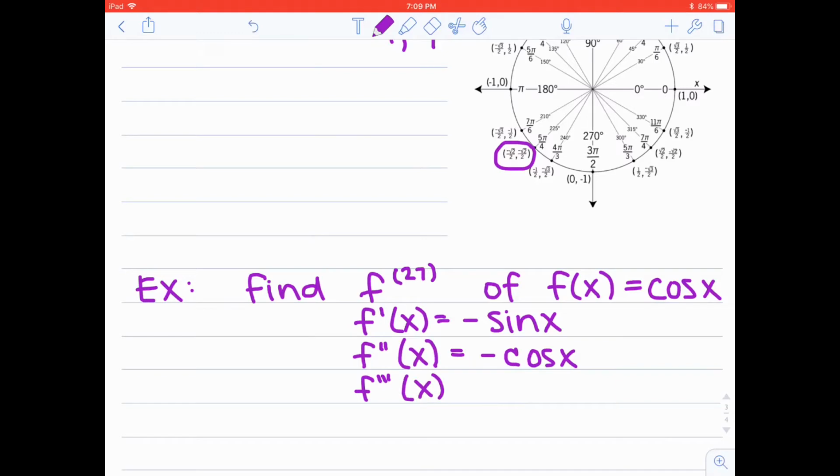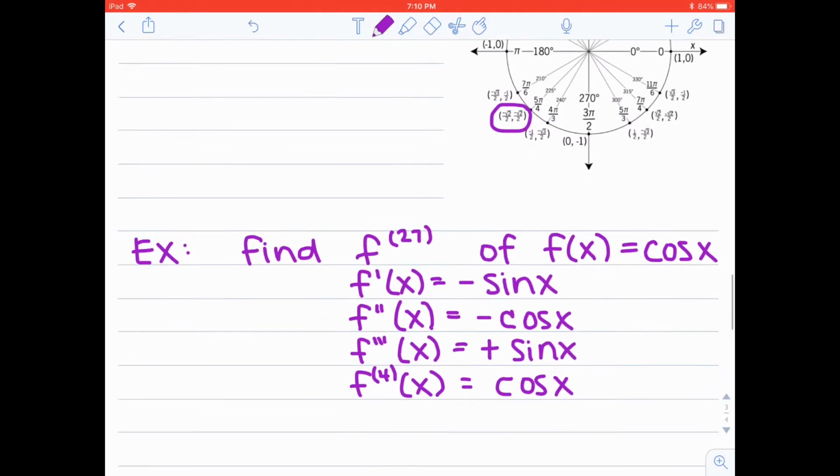The third derivative is negative times the derivative of cos, which is negative sine, so that's negative sine. The fourth derivative is the derivative of sine, which is cos, and we are back at the beginning.